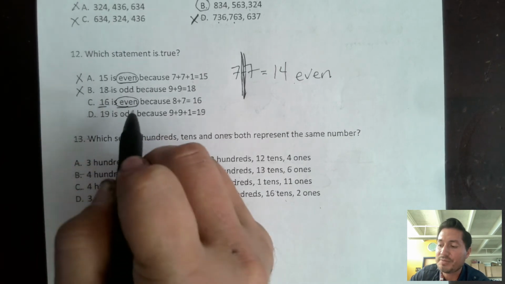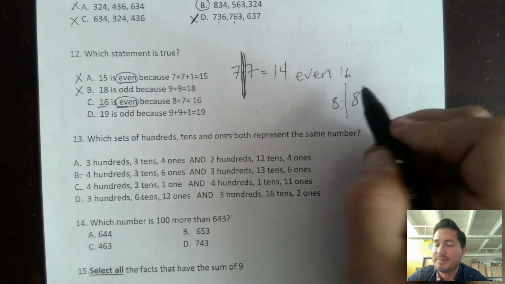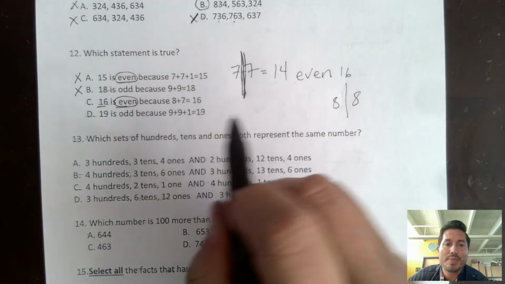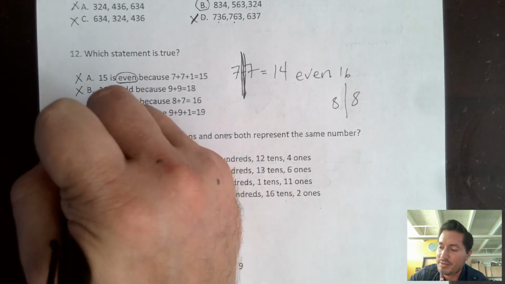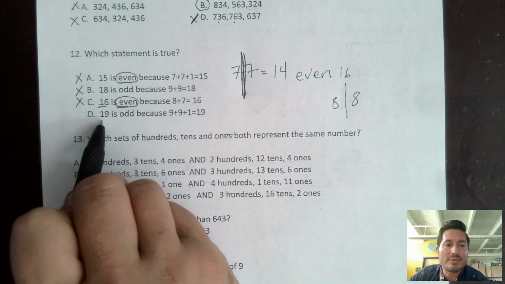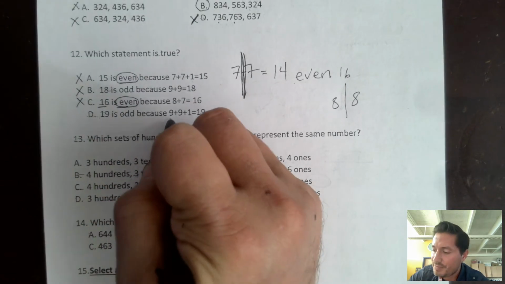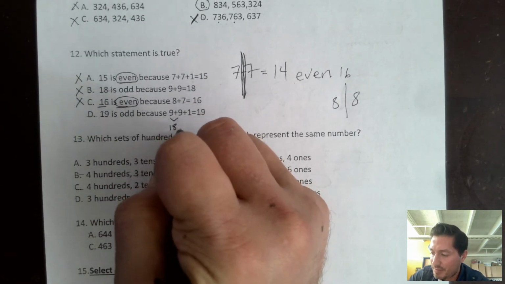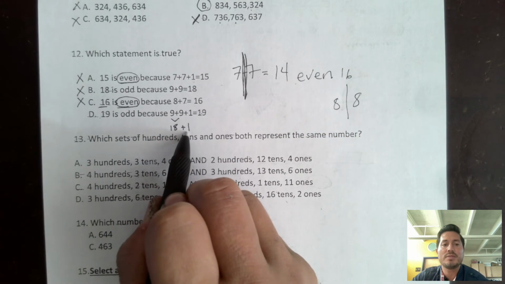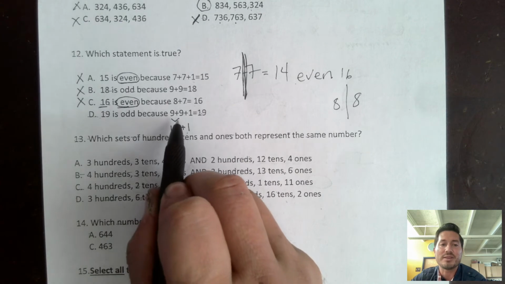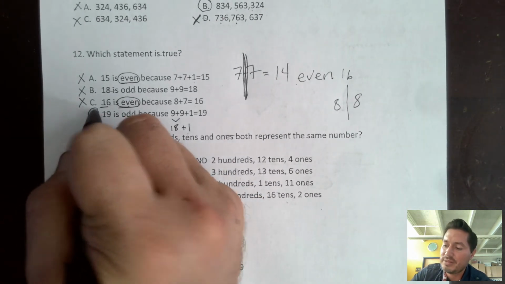That's true, because 8 and 8 make 16. But 8 plus 7 equals 15, so this doesn't make sense. And the last one, 19, is odd, because 9 plus 9 is 18. But when you add 1, that's your left one. That's what makes it not even. You can't split it exactly in half. It has 1 left over. That's why it's odd. So this is D.